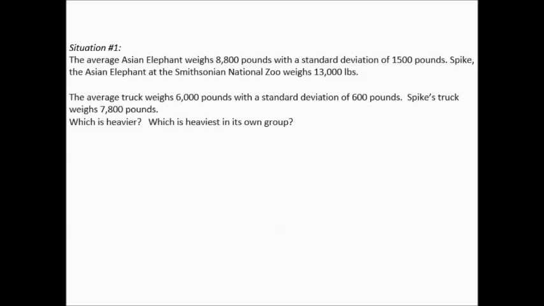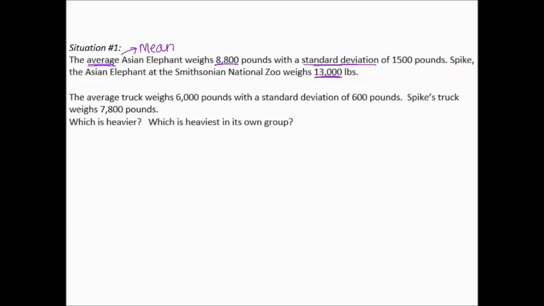This says that the average, and if we remember, average is another word for mean, Asian elephant weighs 8,800 pounds with a standard deviation of 1,500 pounds. Spike, the Asian elephant at the Smithsonian National Zoo, weighs 13,000 pounds. So we have a situation describing the average Asian elephants and then one specific one named Spike.